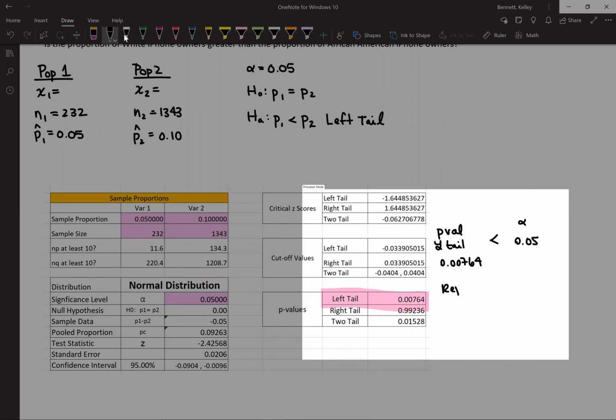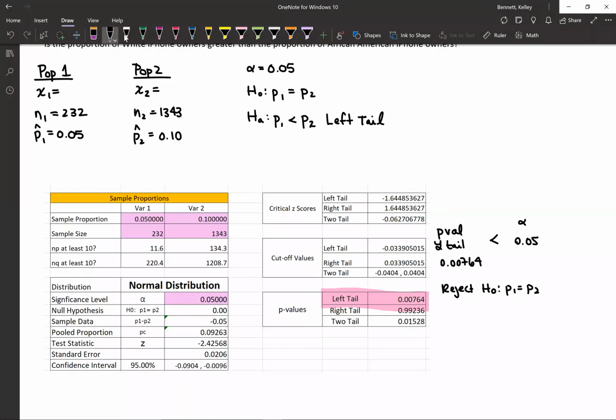So you're going to reject the null hypothesis, rejecting the idea that there's no difference, because you have some pretty compelling evidence that in fact the proportions are different. You have evidence to support the claim that white people have a higher proportion of usage of iPhone than African Americans, per the context of the problem.